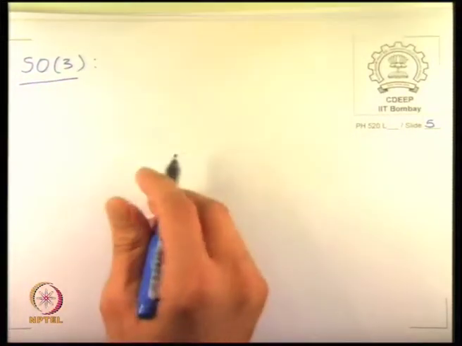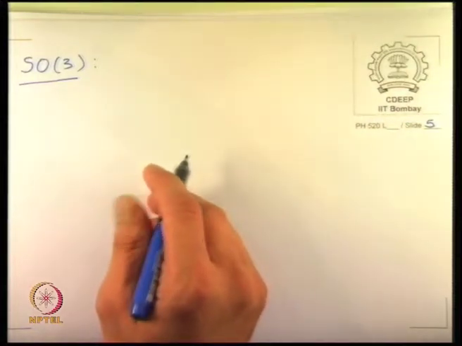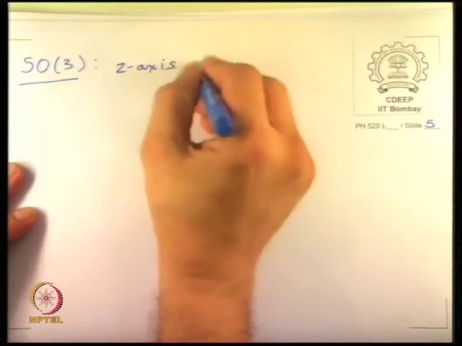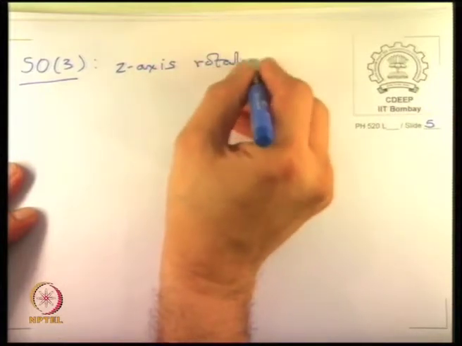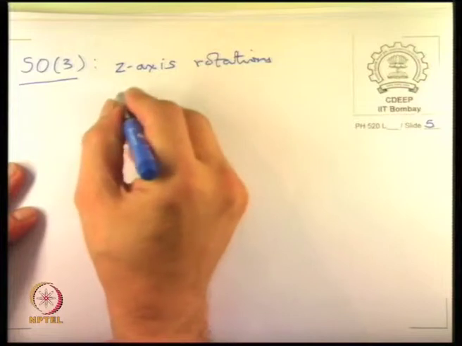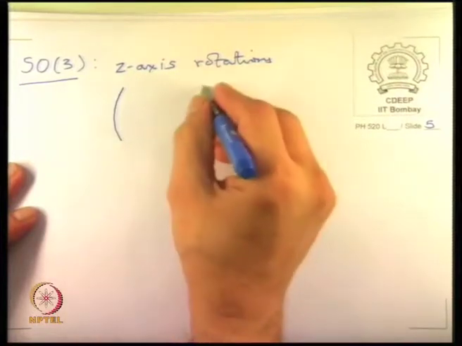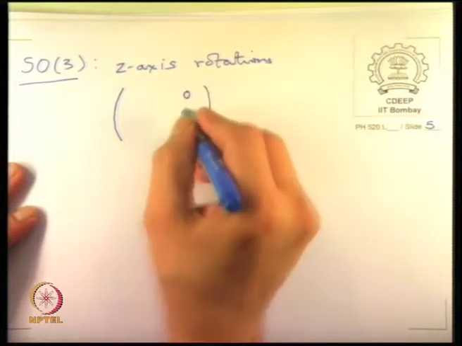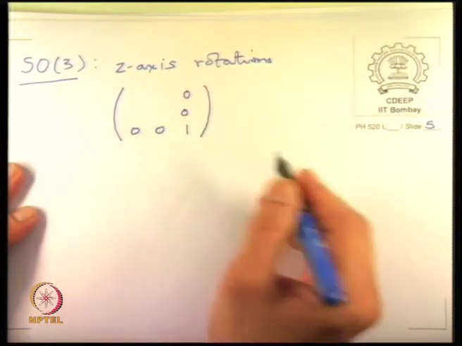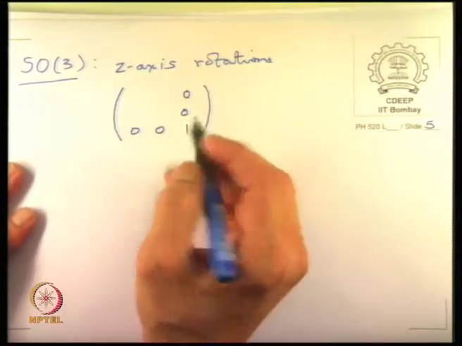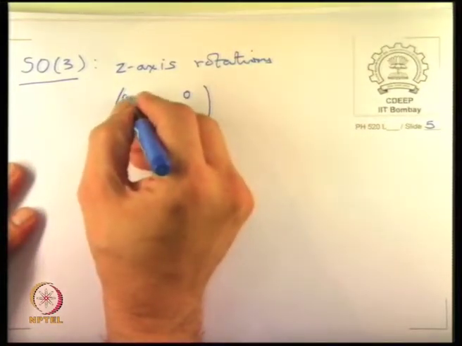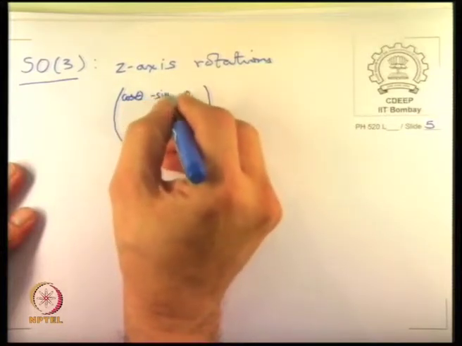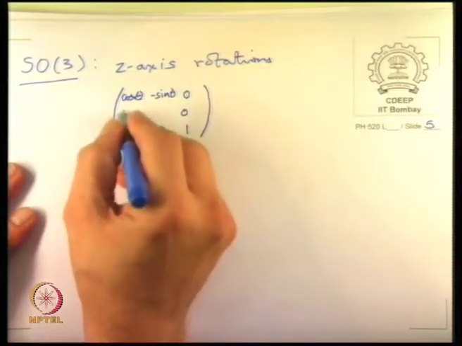A typical example is rotations around the Z axis. So Z axis does not move, so that remains 0, 0, 1, and here we write it out in terms of an angle, minus sine theta and cos theta.